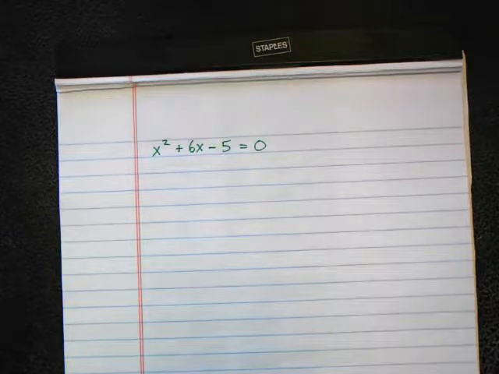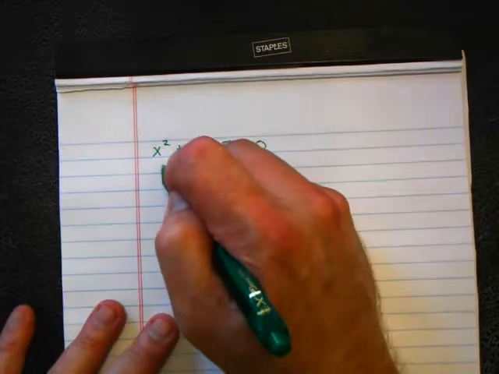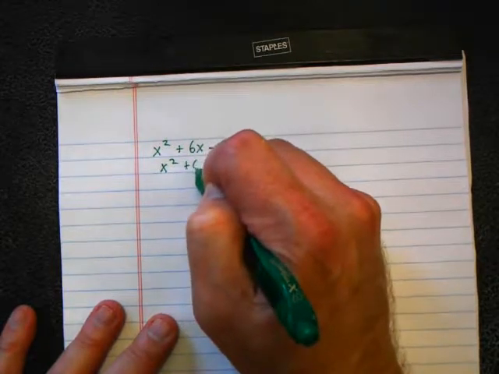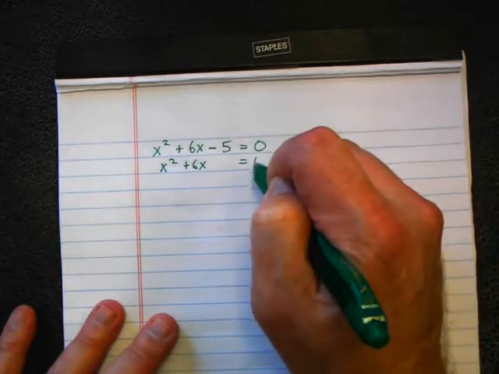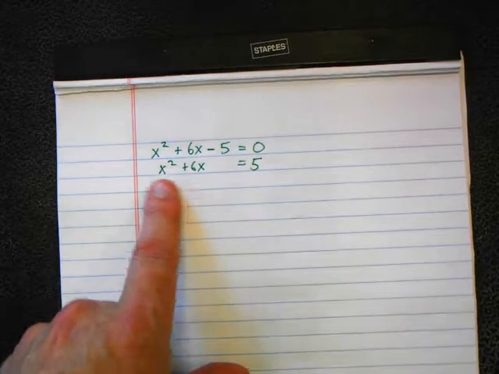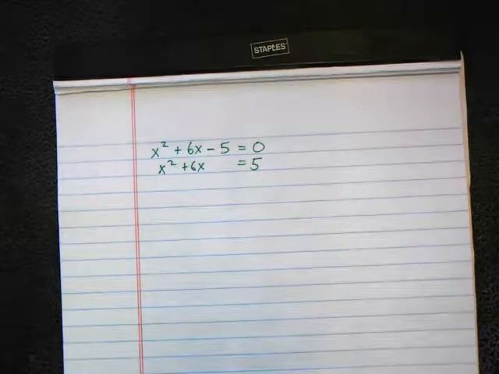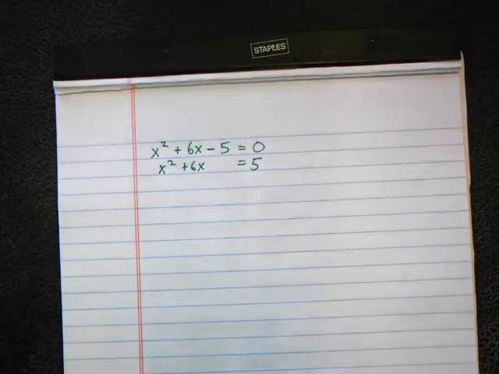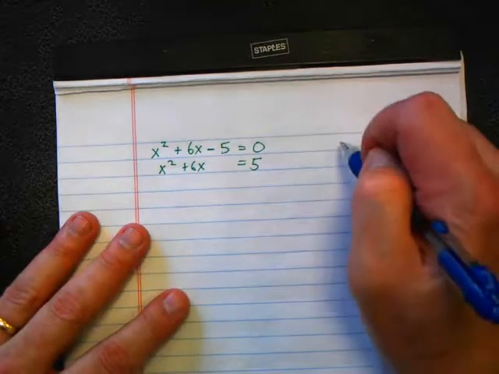All right, so to solve this by completing the square, we start by adding the 5. So a little different from what we did the other day. The other day we always said get 0 on one side, get everything on the other. Here we want the x's on one side and the 5 on the other. All right, then we figure out the magic number.